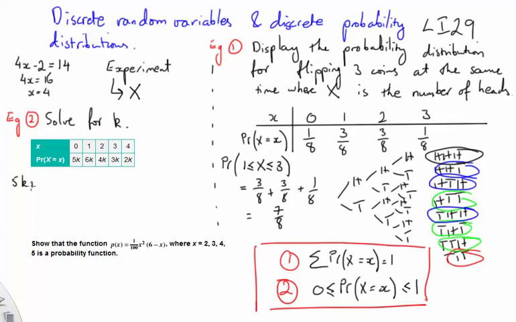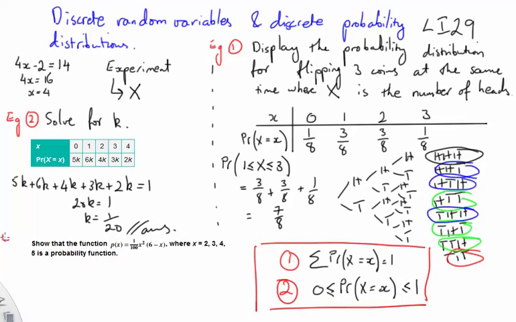So 5k plus 6k plus 4k plus 3k plus 2k has to equal 1. 5k plus 6k is 11k, plus 4k is 15k, plus 3k is 18k, plus 2k is 20k, equals 1, so k equals 1 on 20. Beautiful. We've used one of these properties to find the value of k.